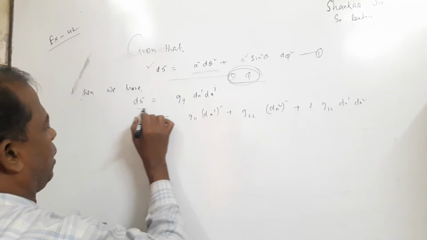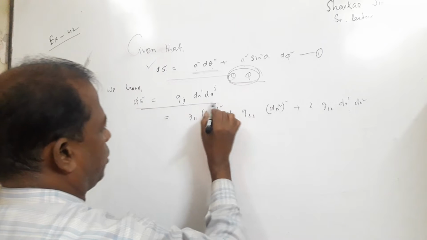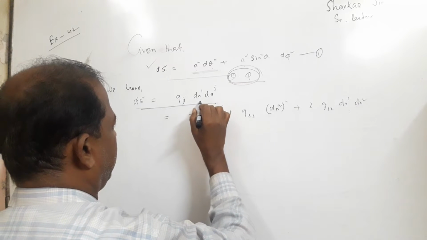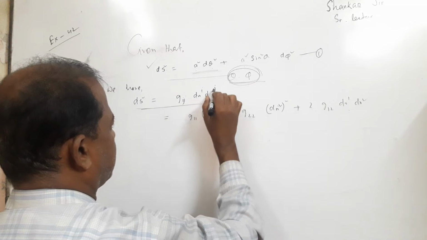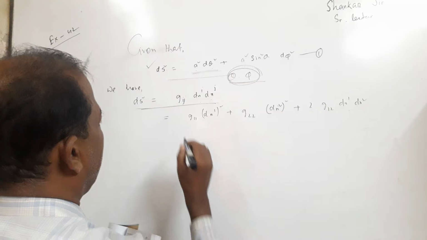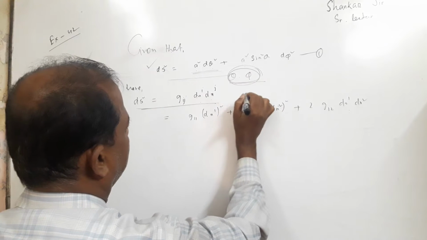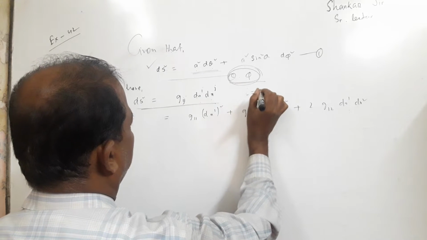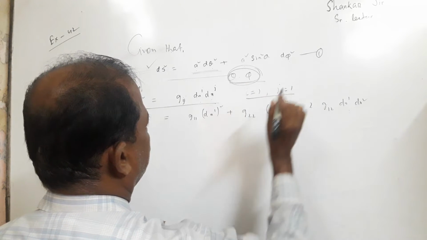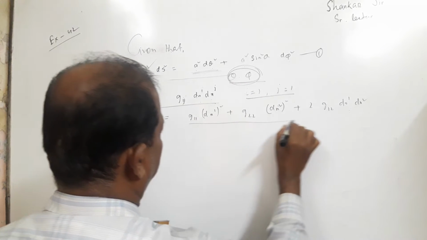The same equation in Christoffel form is g_ij dx_i dx_j, with i equal to 1 and j equal to 1. So this is the main equation.